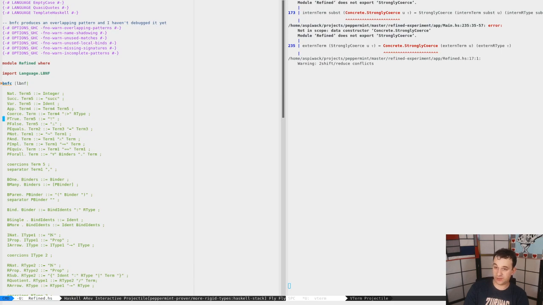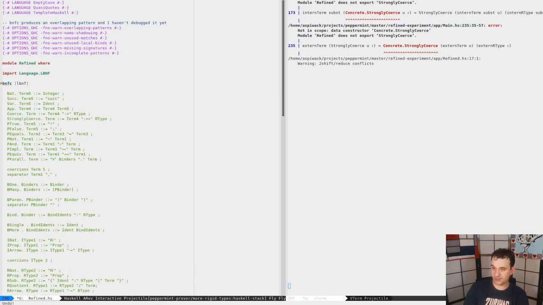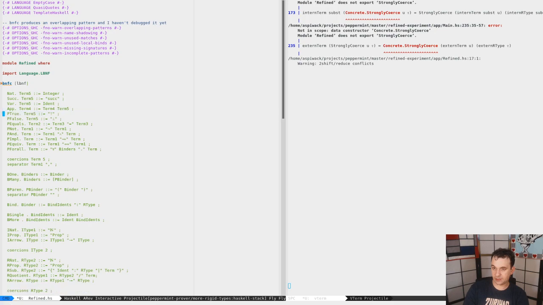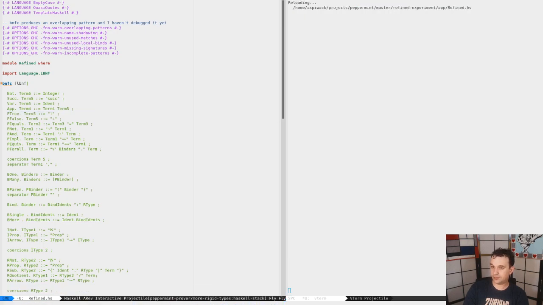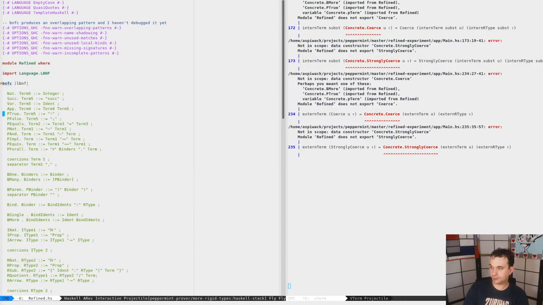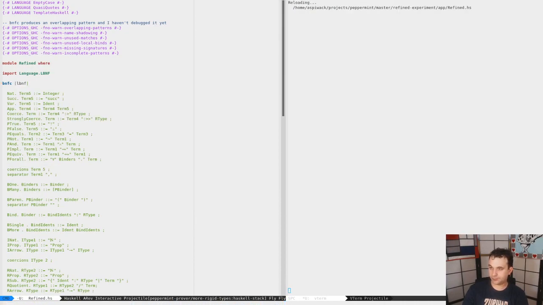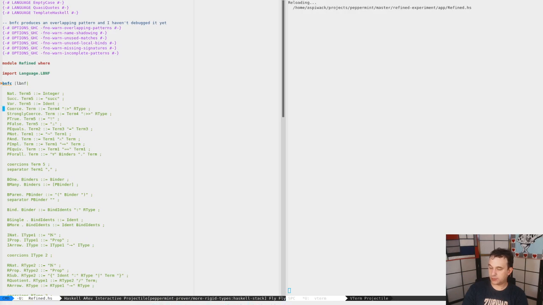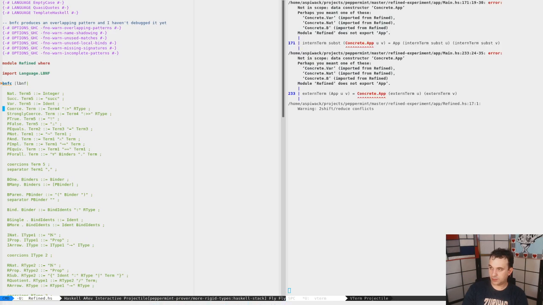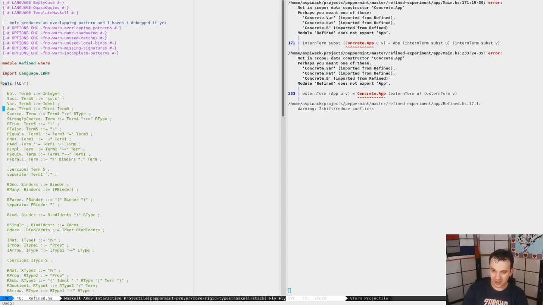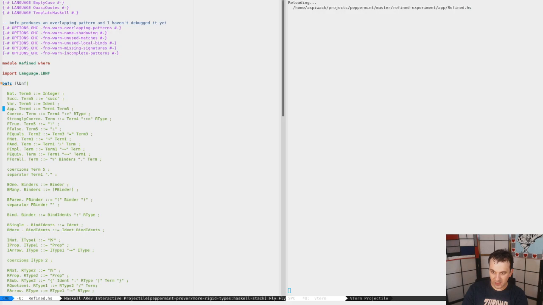I still have two shift reduce conflicts that show up. There I don't. There I do. I still do. What is this conflicting with?